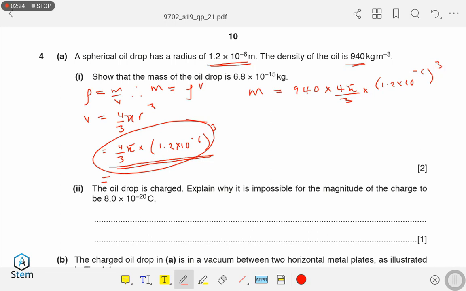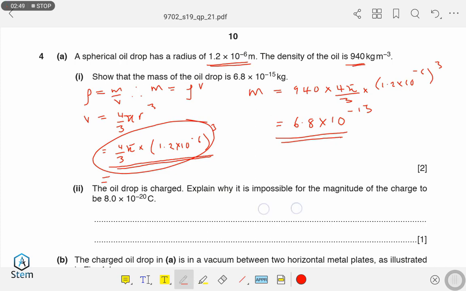Let's punch these values in our calculators and confirm that the answer comes out as 6.8 times 10 to the power minus 15. Therefore, we have shown that the mass of the oil drop is 6.8 times 10 to the power minus 15 kg as required by the question.